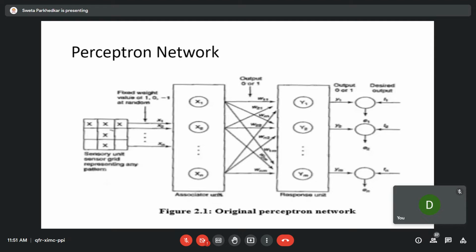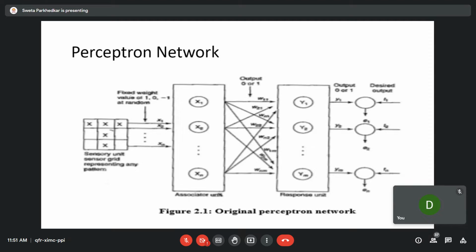So it consists of a two-dimensional matrix. You can see there is a matrix in the sensory unit which consists of 400 photo detectors. And these photo detectors are activated when light is present on that particular photo detector.